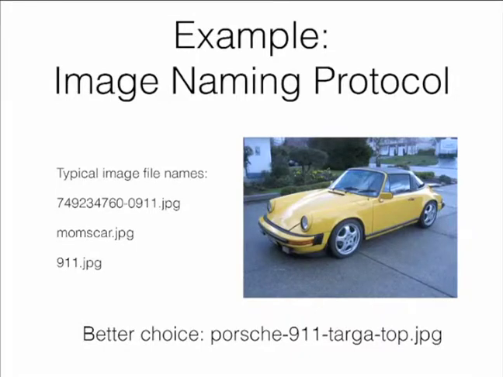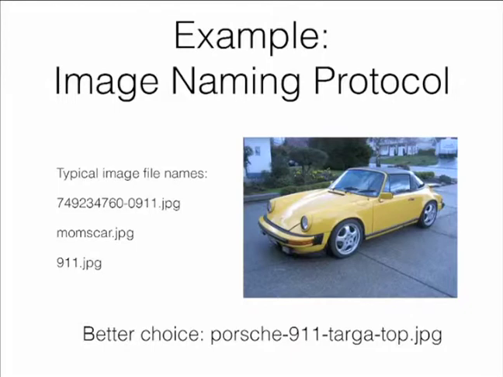The second type of file name is one that might make sense to the user. If this is my mother's car, I might rename this image Mom's Car. And that helps me understand what it is, but it's not particularly helpful to the search engines, and it's not particularly relevant to the image in terms of what my visitor or my potential visitor might be searching for.